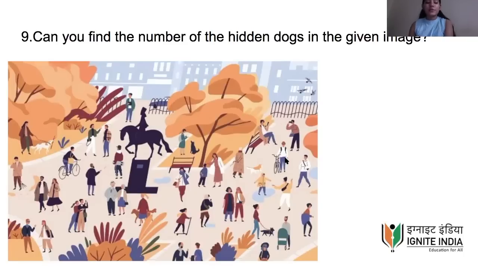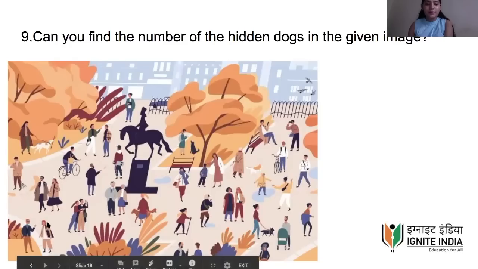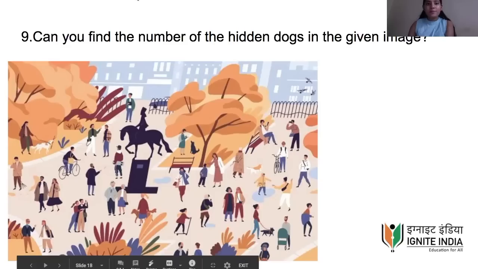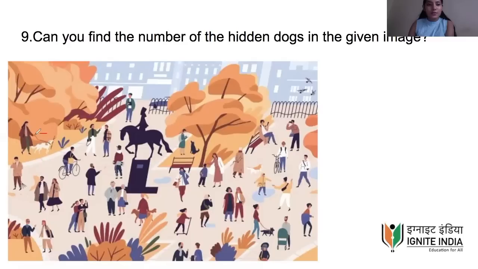All right, let's try to solve it. The first dog is here, very visible. Like I said, you need to divide the space. When you're looking visually, look at left, then right, then bottom.